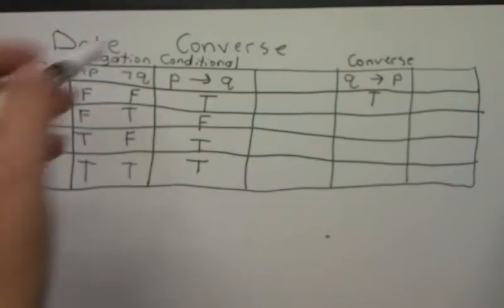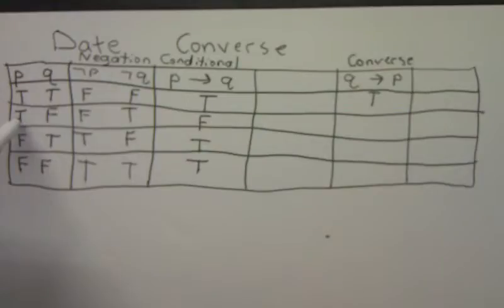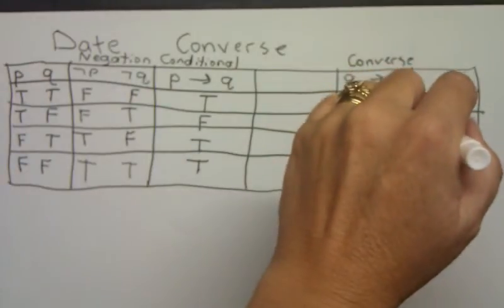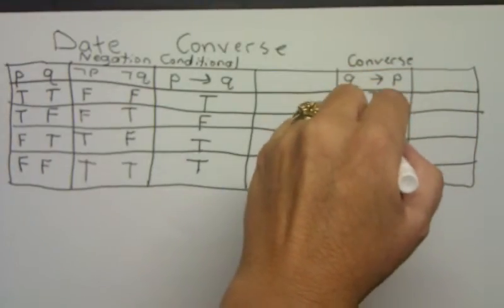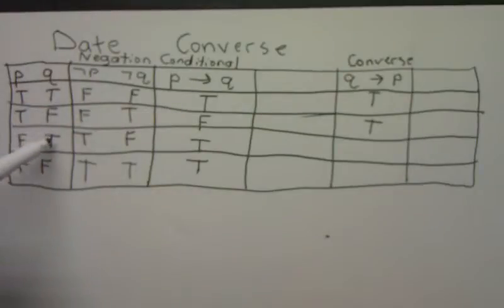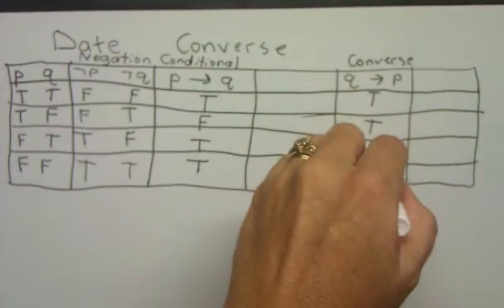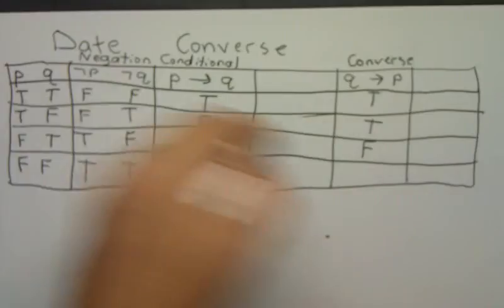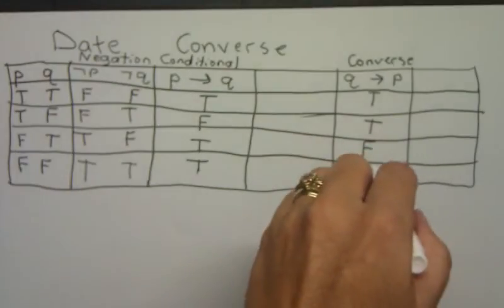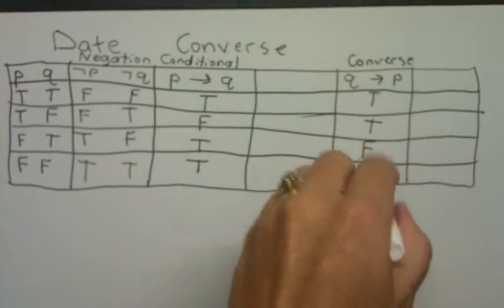If Q is false and P is true, the converse is true. If Q is true and P is false, then the converse is false. And if Q is false and P is false, the converse is true.